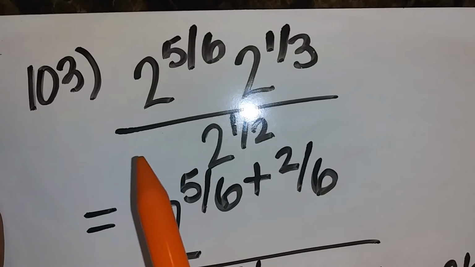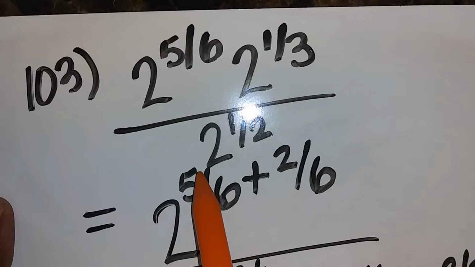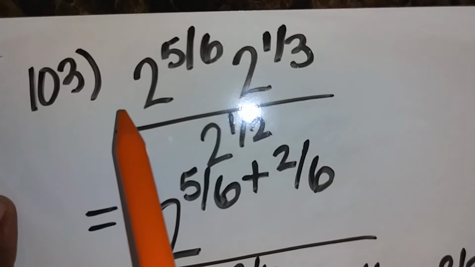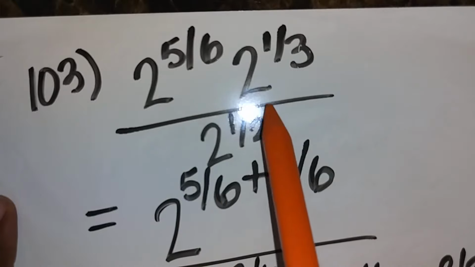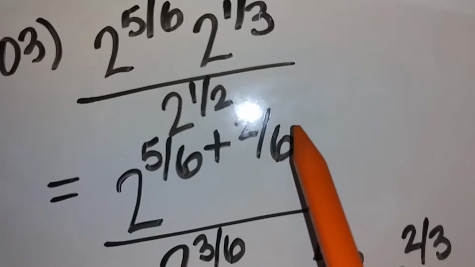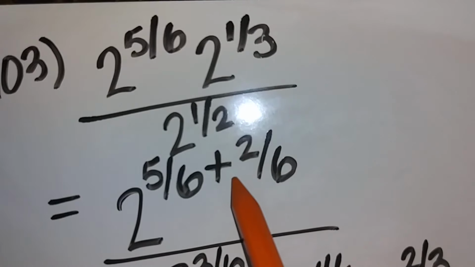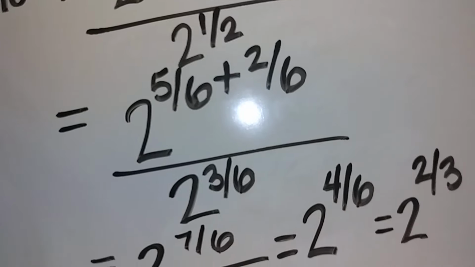So right here, my base is all the same, so I can combine all 3 of these terms. But the only problem is they must have the same denominator. My common denominator was 6, so I rewrote it. My 1/3 became 2 over 6, and my 1/2 became 3 over 6.